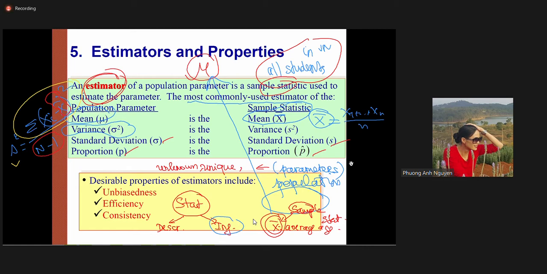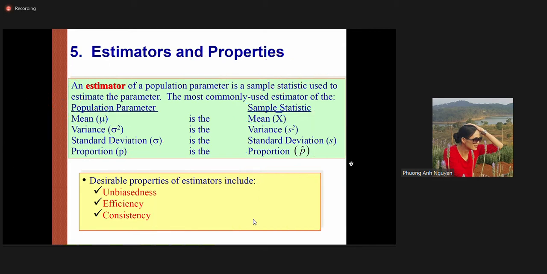Some estimators are good, some others are not so good. Of course, we'd like to work with the good estimators. Estimators are good when they are unbiased, efficient, and consistent. Let's see what it means.